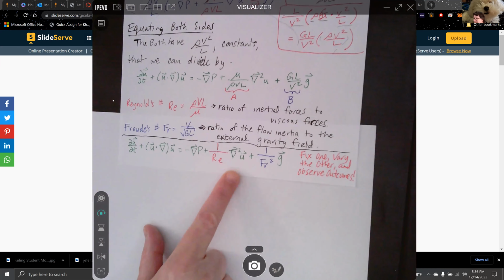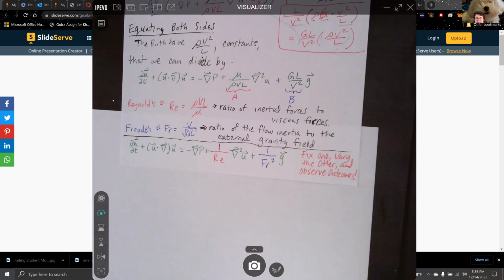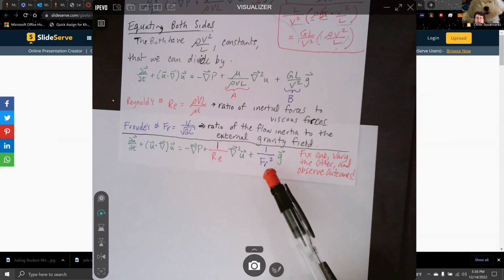Now that they've got this, they can plug this into the system. And what they do is they fix one of these and vary the other and see how it changes stuff. So if we've got Reynolds at 10,000, what happens is Froude goes from 1 to 10 billion. And they're not doing them in increments of 1. They're doing magnitudes of 10 steps, big steps.